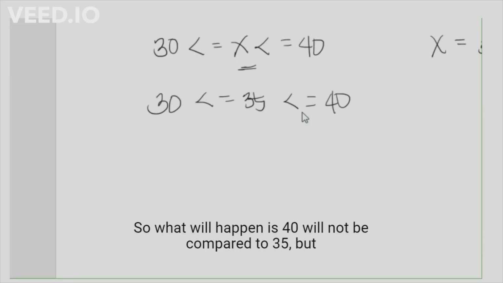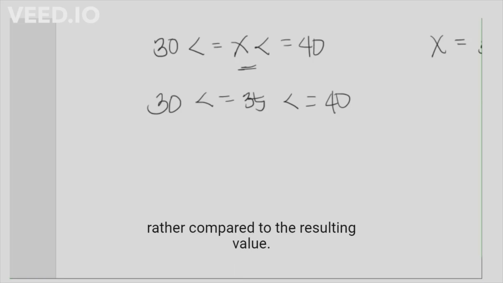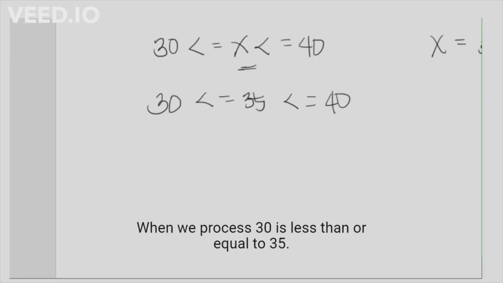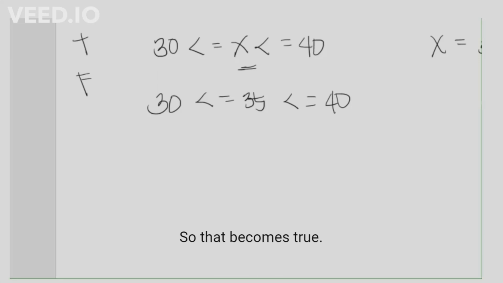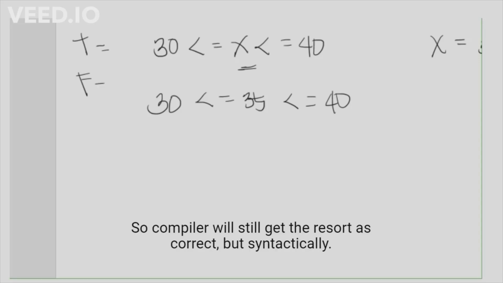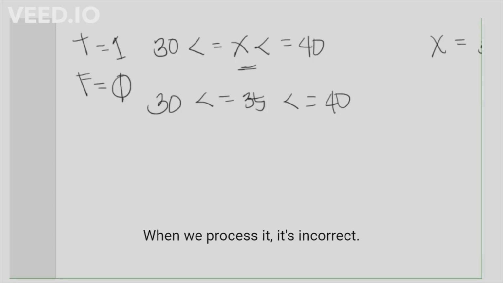So what will happen is 40 will not be compared to 35, but rather compared to the resulting value when we process 30 is less than or equal to 35. So this becomes 1 is less than or equal to 40, so that becomes true. So the compiler will still get the result as correct, but syntactically when we process it, it's incorrect.